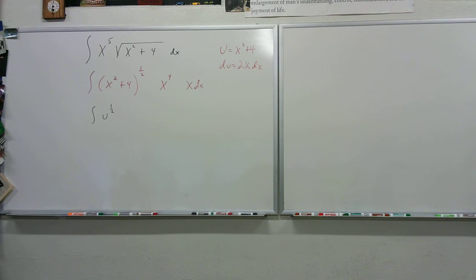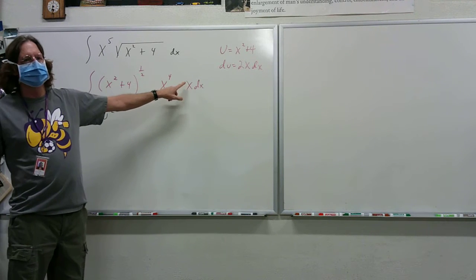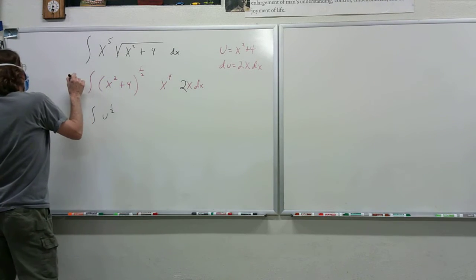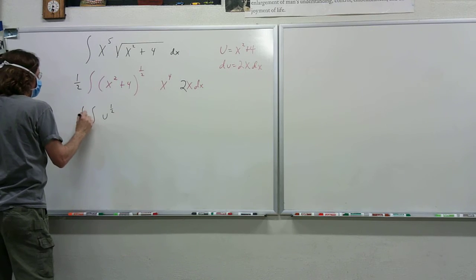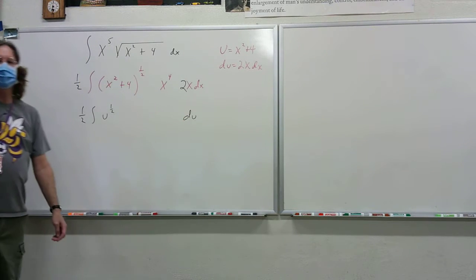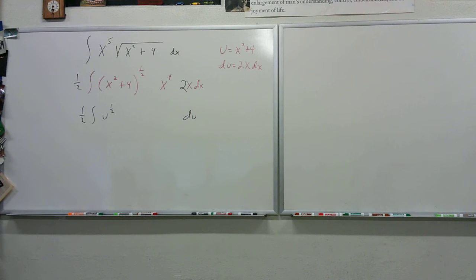I bet even my man that plans to never do math in his life can tell me how to get my du right. How to get to du? You just put a 2 in front of that. And if I put 2 there, what do I have to put out front? A 1/2. Man's thinking.